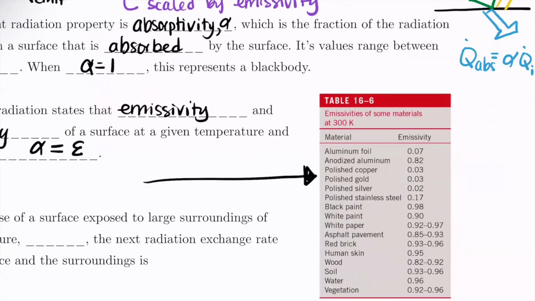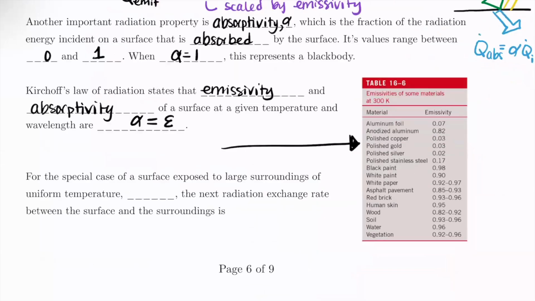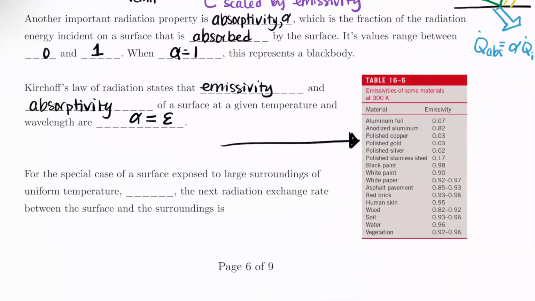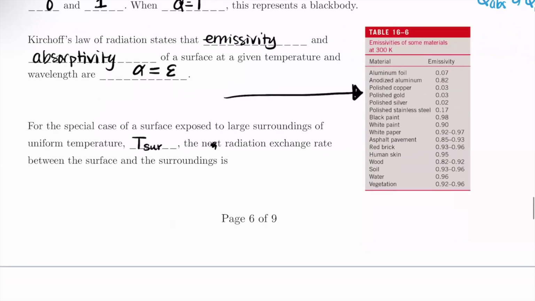Okay. So for the special case of a surface that's exposed to large surroundings of uniform temperature, which I'm going to call T surroundings, the net radiation exchange rate between the surface and the surroundings is given as the following.